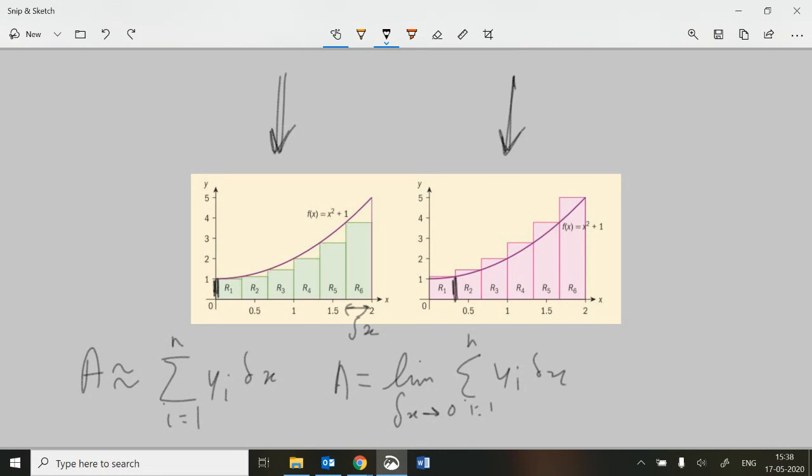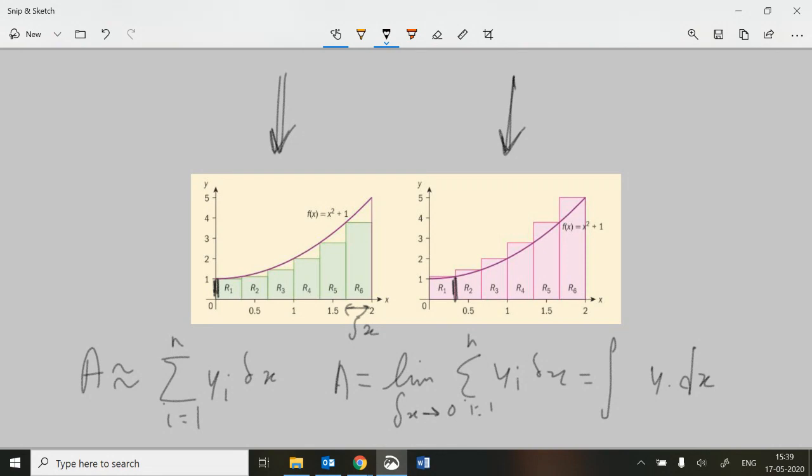If we tend this to 0, we have infinitely many strips, all infinitely thin. Now, this is basically our integration, but we write it down like this. Instead of the sigma sign, we stretch out the s, s for sigma, and we say this is all of our yi's, this is our y now, and the delta x becomes dx, like in differentiation.